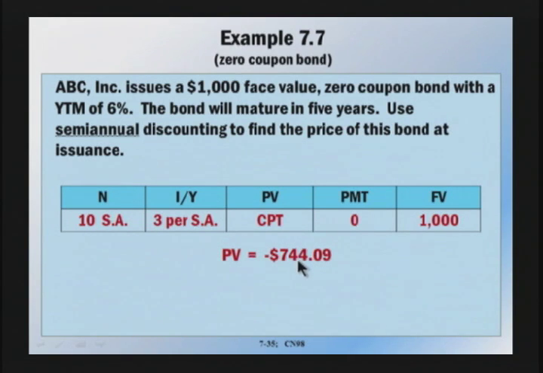That $256 has to provide you all of your return over the 5-year, or the 10 semi-annual period, investment. So the appreciation from $744 up to $1,000 is what gives you your return over the 5-year investment. And that will give you a 6% APR return over the 5 years.